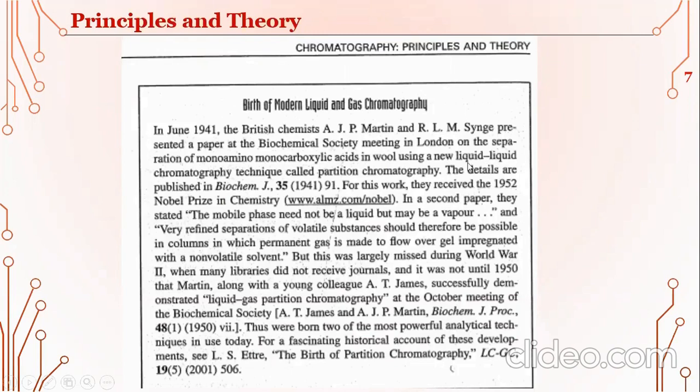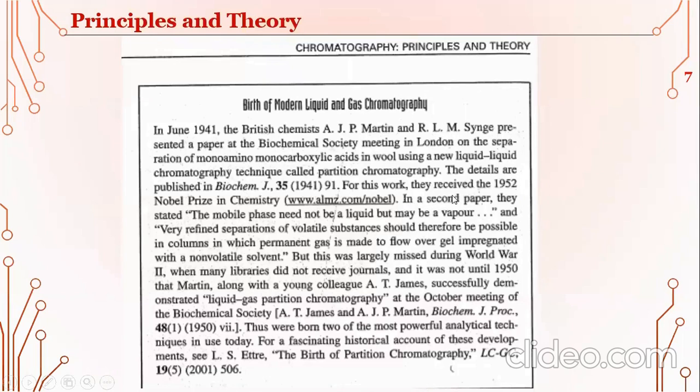At that time that was a new technique, and they called it partition chromatography, and the details are published in this journal. For this work they received the 1952 Nobel Prize.